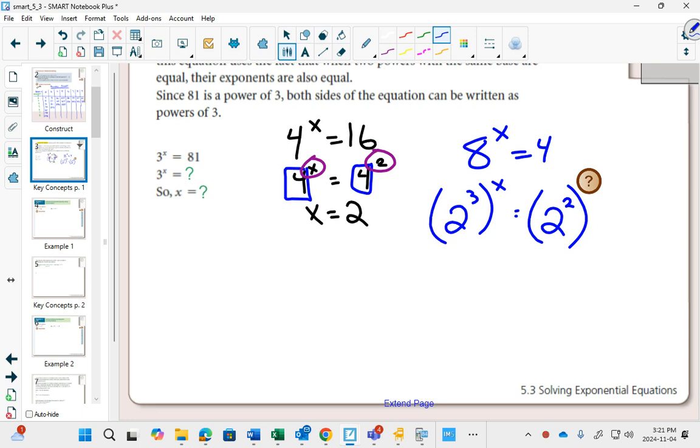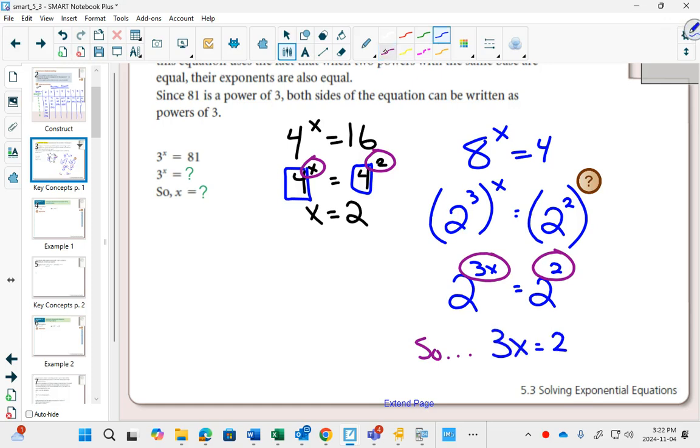And our exponent rules from grade 9 are going to come back a lot. What do you do when you have a power to a power? You multiply. So this side will be 2 to the 3x, and this side is 2 squared. And my bases are the same. So, what's in the purple, and I'm going to actually write "so", because it's just by observation, does it make sense that 3x has to equal 2?